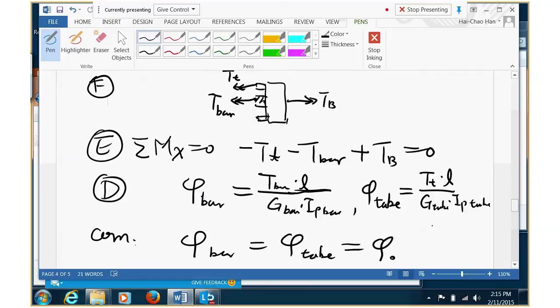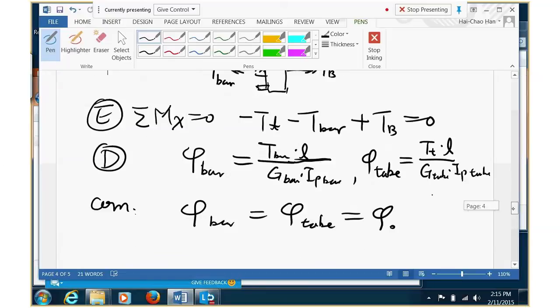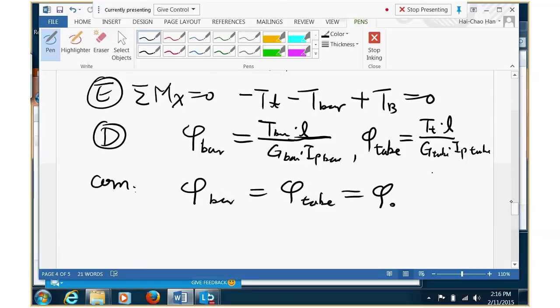You have one equation here. Let me change the color of the pen. So this is equation 1. Now, this is the second set of equations. This is the third set of equations. How do you solve these 4 equations together to get the answer phi 0?